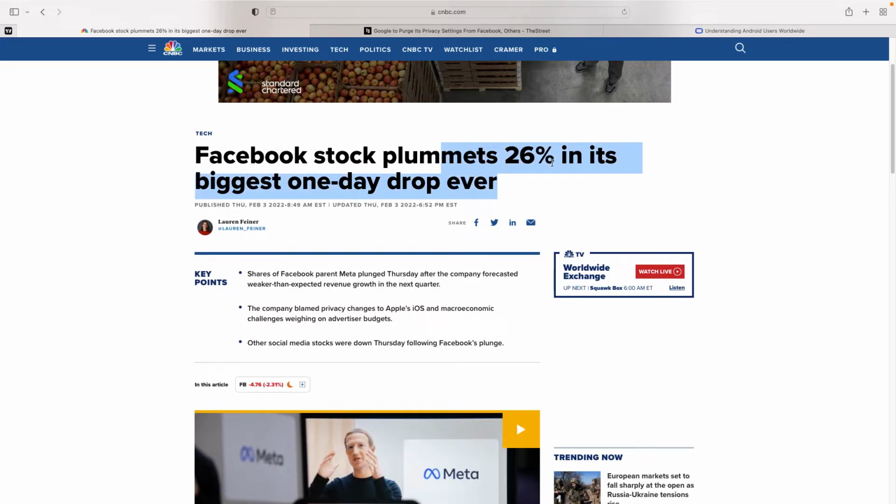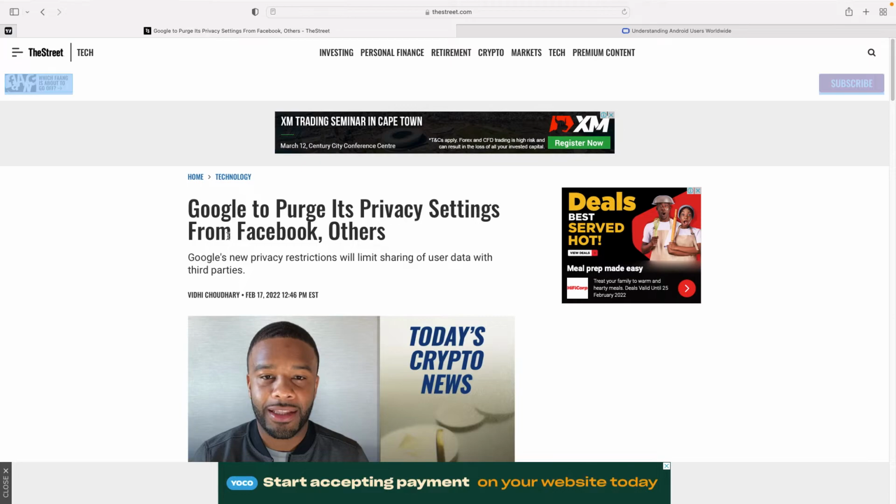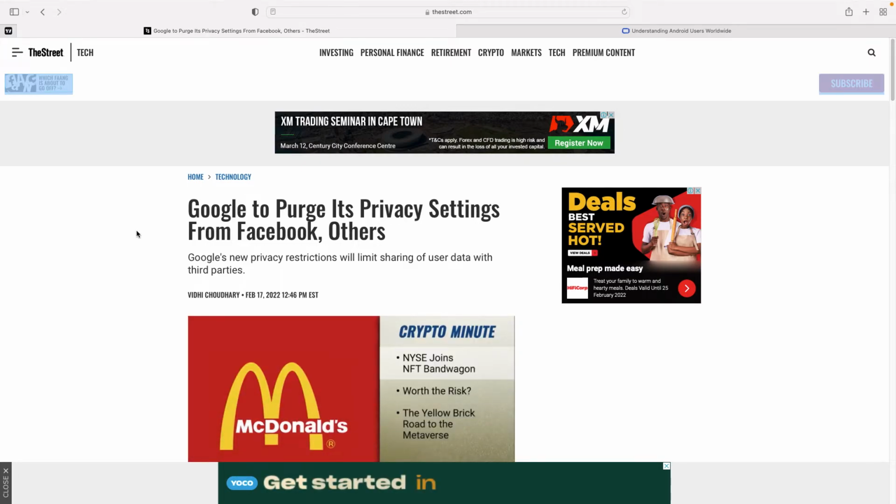Okay, Facebook plummets 26% just because Apple iOS changed their privacy. Well, guess what? Next thing we know, Google comes out, and based on this article from The Street, it says Google to purge its privacy settings from Facebook, others as well.